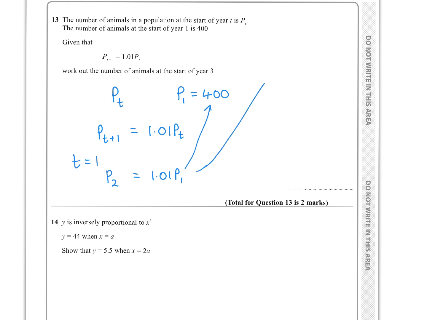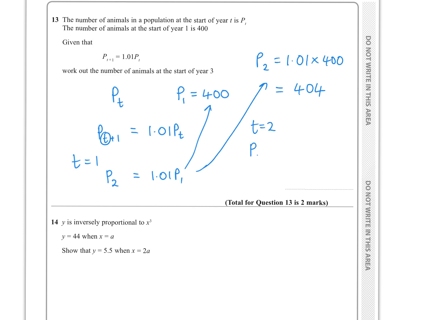So we can write P2 is going to be 1.01 times 400. And if you think about it, 1.01 is like adding 1%. So that's going to be 404. So we've got to work out P3. So what we need to do is say set T to be 2 now.